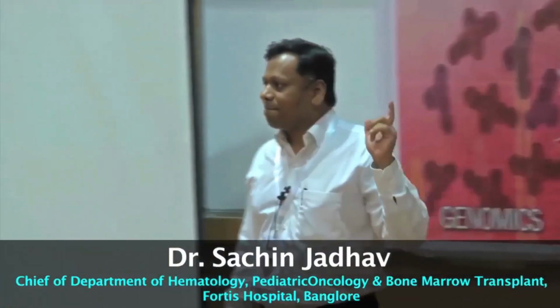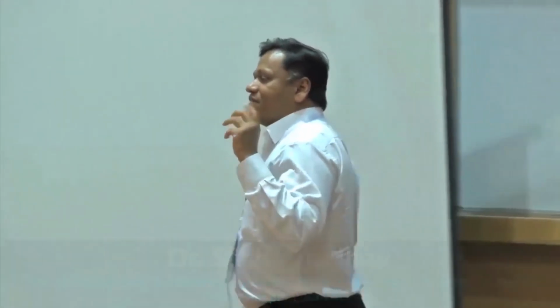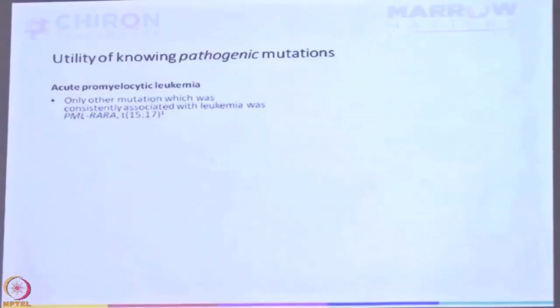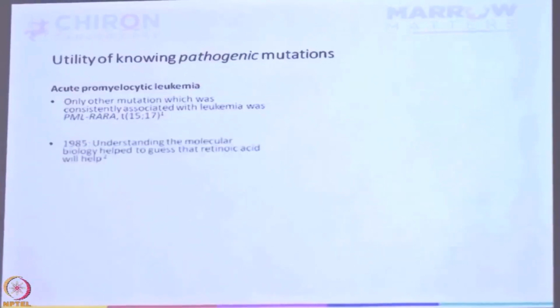Except some conditions. One of them is acute promyelocytic leukemia. AML, acute myeloid leukemia, has various types. The third type of AML is acute promyelocytic leukemia. This is the mutation, a balanced translocation of 15;17, and as knowledge grew, it was understood that this is where the retinoic receptor is.